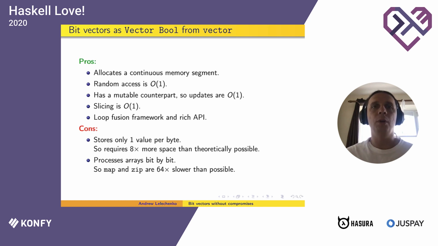But due to limitations of the generic vector interface, we cannot do it. So mapping and, for example, zipping of bit vectors is 64 times slower than it could be on the same hardware if we were able to operate on the Word64 level, for example.